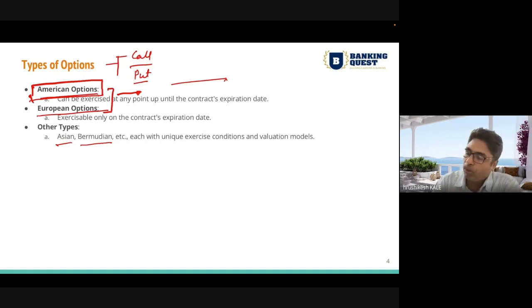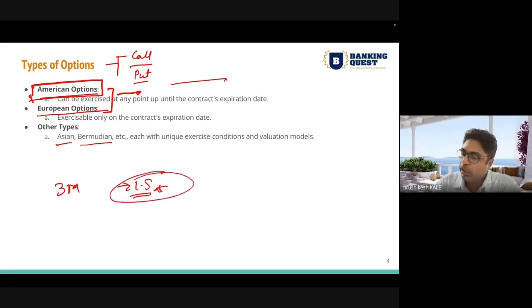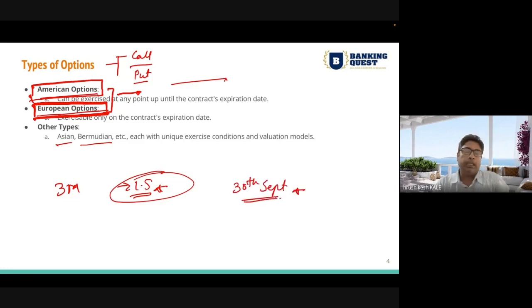So your option is of 3 months, and after 1.5 months you have an option to get it exercised; those are American options. In European options, options are exercised only on the day of expiry. So if the expiry date is 30th September, the option will only get exercised on that day and not on any day in between.